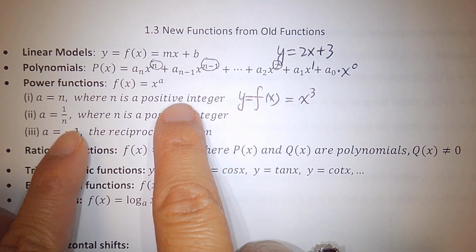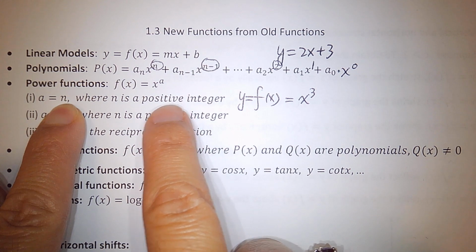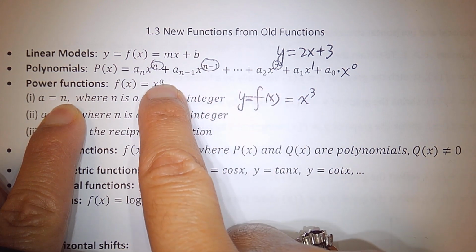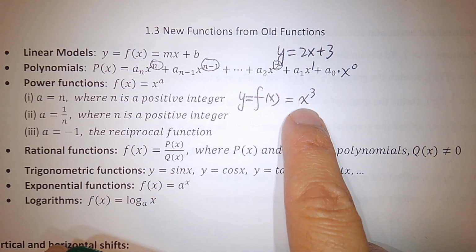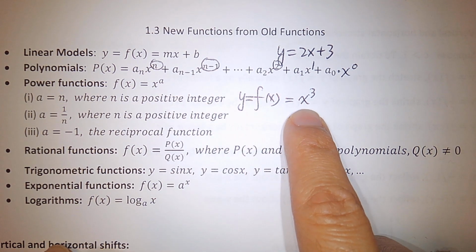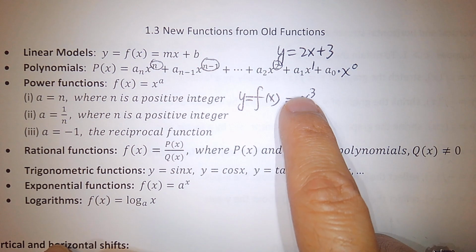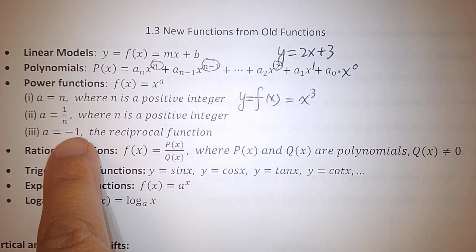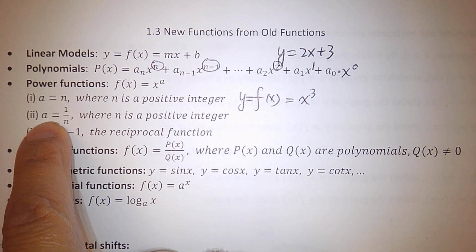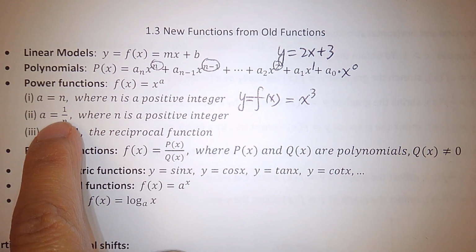Well here, when a equals n, okay? So n is what? Exponent. If the exponent is a positive integer, we have this type of power functions: x to the 1st power, x squared, x cubed, and x to the 4th power, and so on. However, this a, which is the exponent, could be what?